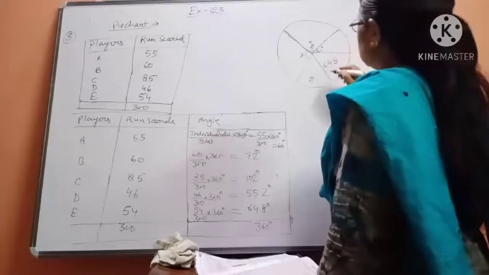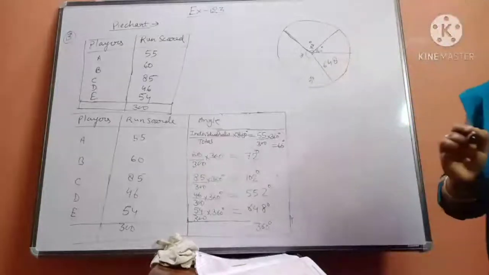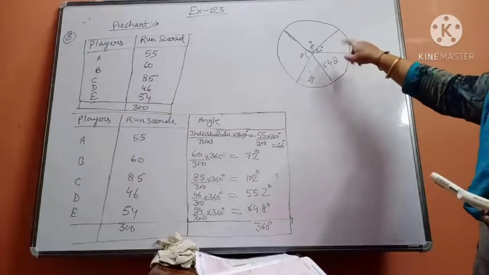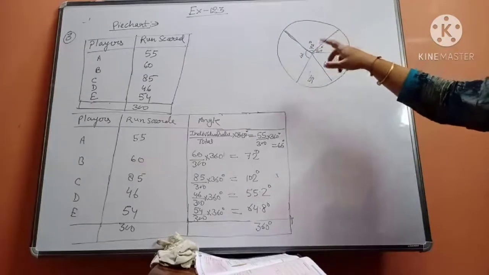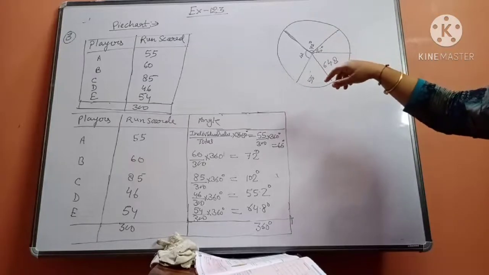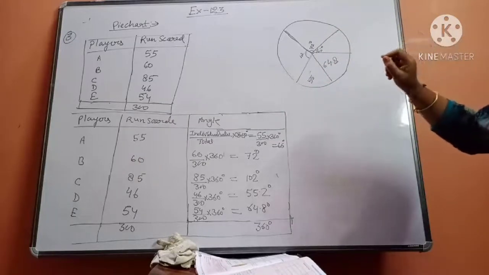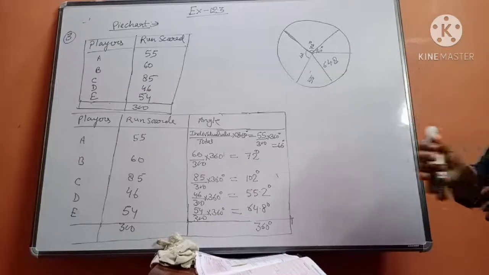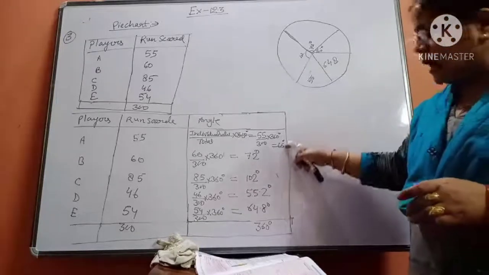In this way your pie chart will be completed. Or otherwise I will show you how to make this in the copy also. I will make a small video for that, and then I will show you how we can make all these pie charts on your copy.